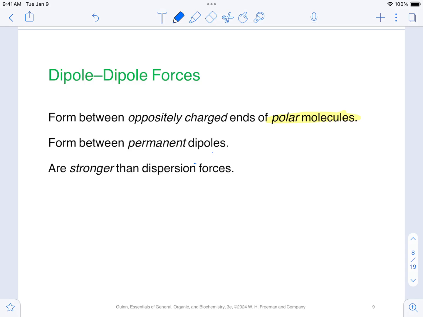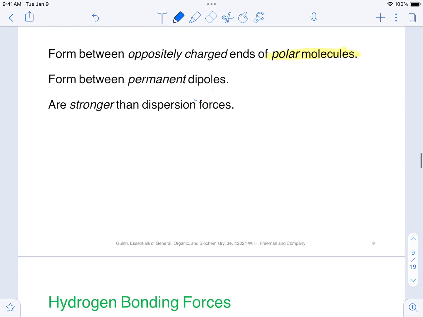It doesn't happen. So that's the first step in determining this: see if it's polar or nonpolar. These form between permanent dipoles. So it's not the temporary that we saw with LDFs. This is a permanent dipole. And again, this is our middle intermolecular force. This is stronger than our LDFs, but weaker than our hydrogen bonding.